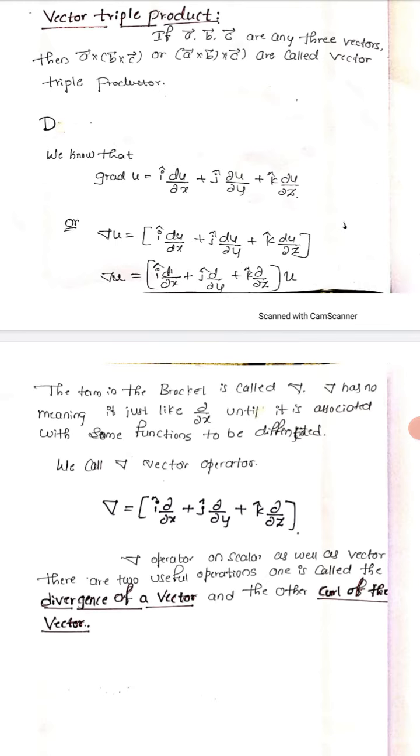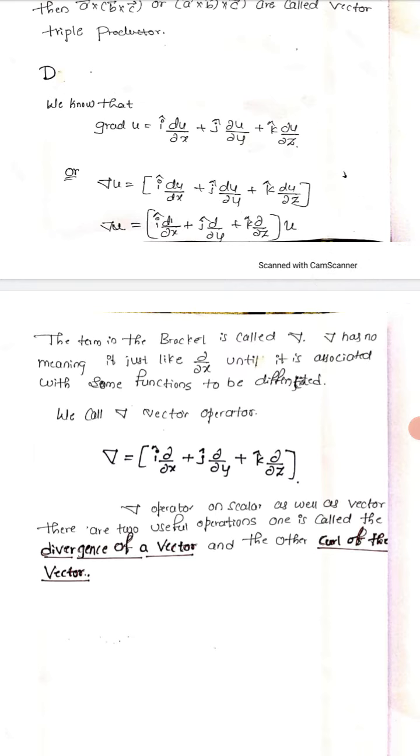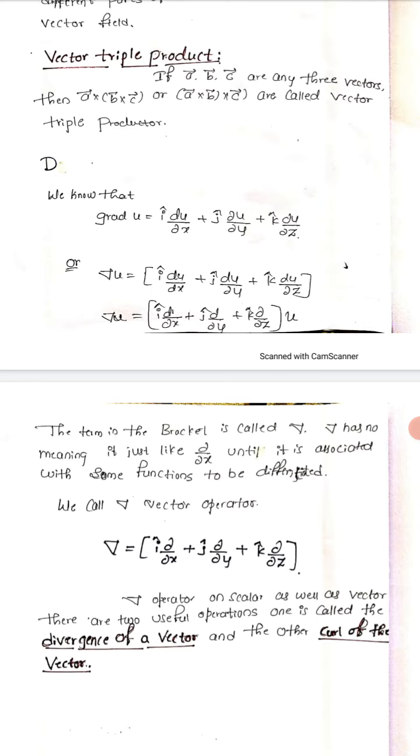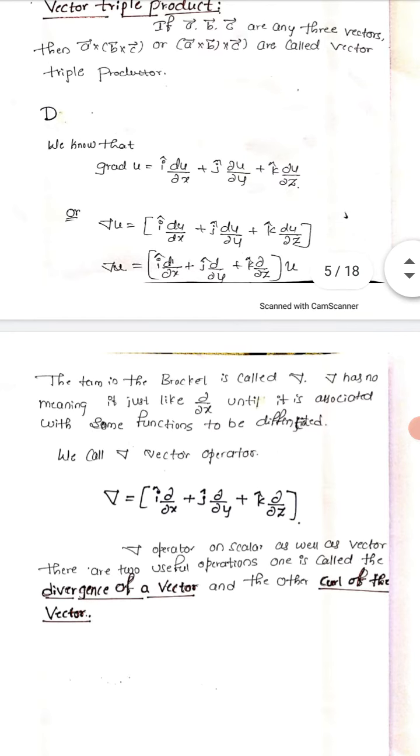Now we know the gradient vector. Gradient of u equals i cap ∂u/∂x plus j cap ∂u/∂y plus k cap ∂u/∂z. Here x, y, z or i, j, k are the components used in the vector.